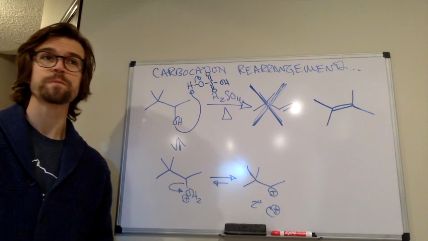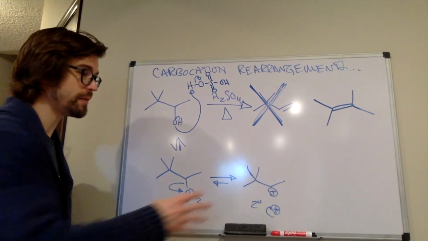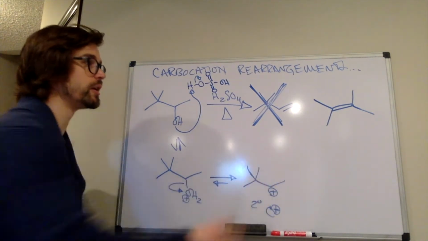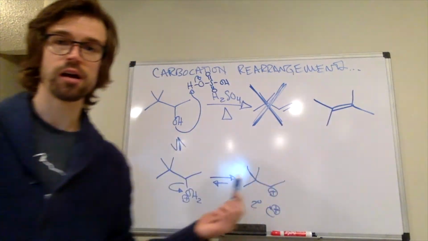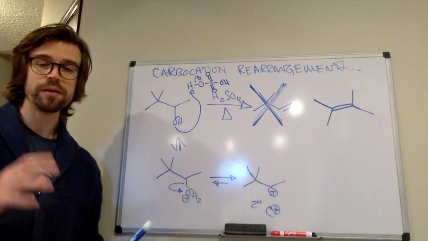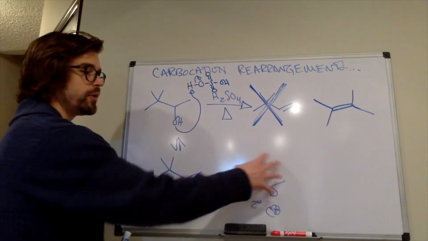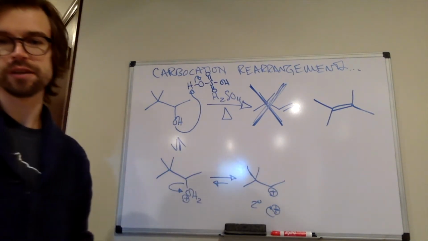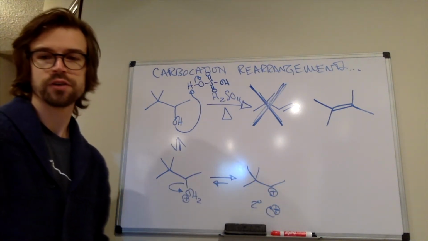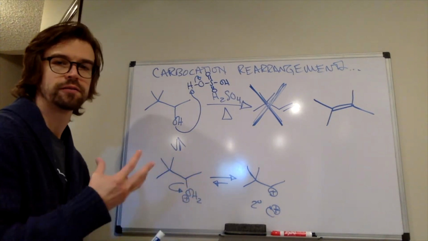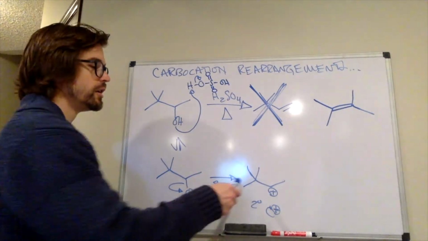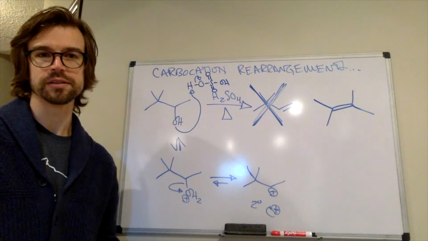I want you guys to think about where the carbons are here and where they are here. So go ahead and pause the video for a minute and number your carbons. See if you can figure out how the carbon framework had to rearrange to go from this species to that species.